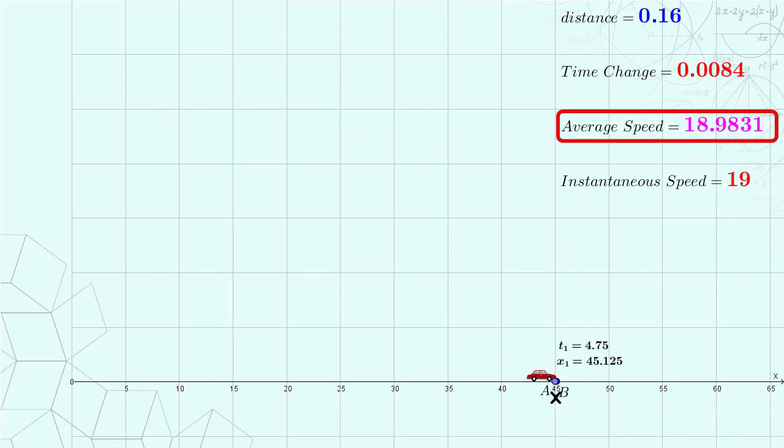Notice how, as we reduce the time interval, our average speed becomes a closer approximation to the instantaneous speed we see on our car's dashboard.